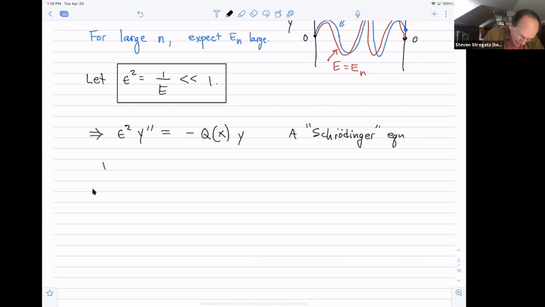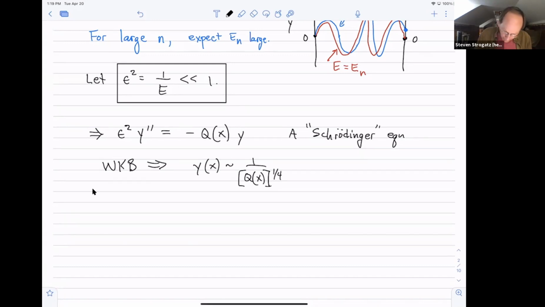Okay, and as we saw in the past 2 lectures, the WKB approximation tells us that an asymptotic result in this case, in the limit as epsilon goes to 0, is y of x will be asymptotic to 1 over q of x to the 1/4 power times a linear combination: C1 sine function of 1 over epsilon, and then we had this indefinite integral with lower limit 0 and upper limit x, square root of q of t dt.